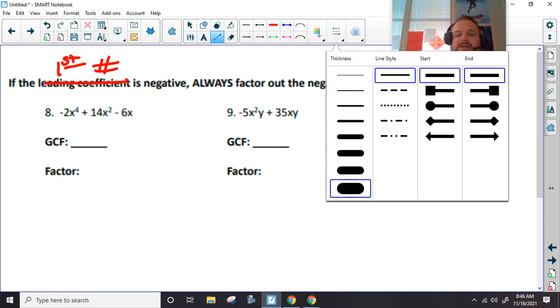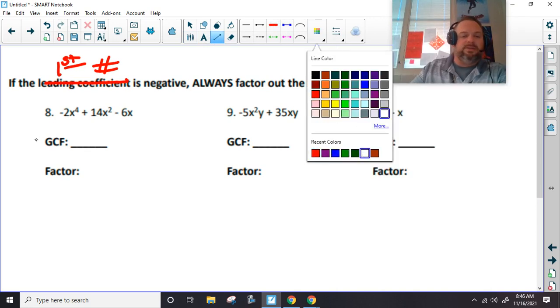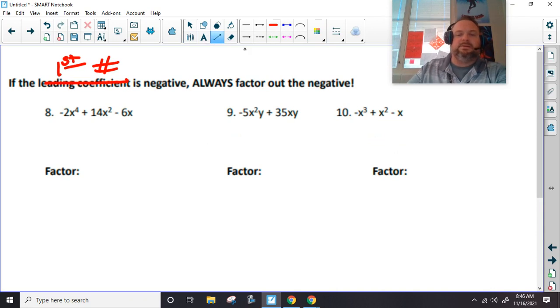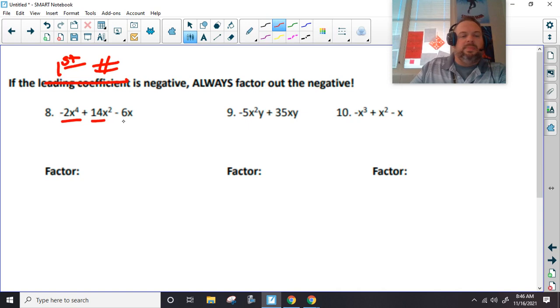We're going to have to factor out a negative out of all three of these. So we know it's going to be negative, so I'll go ahead and put my negative down there. What is the largest number that will divide all three of those numbers? 2. What is my smallest power of x? To the first, or x.